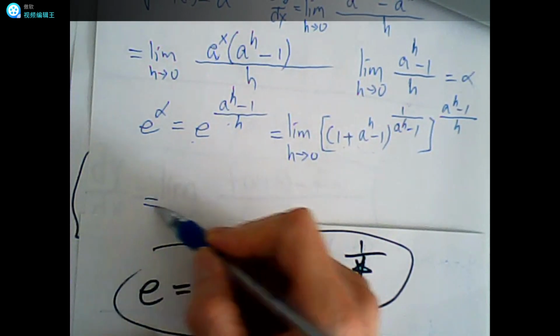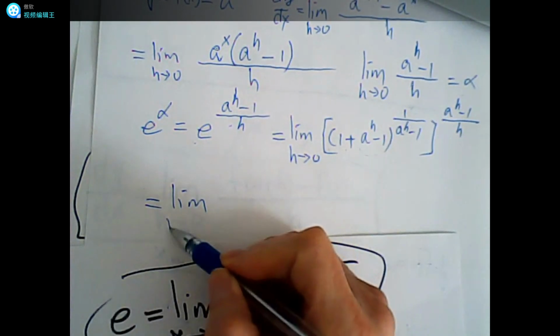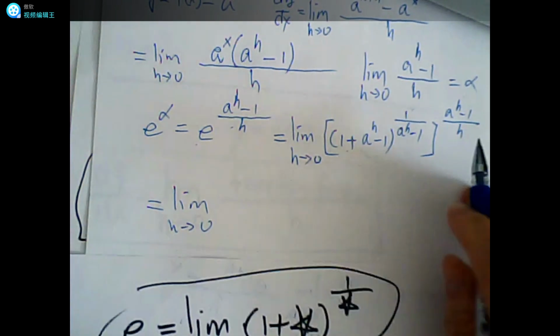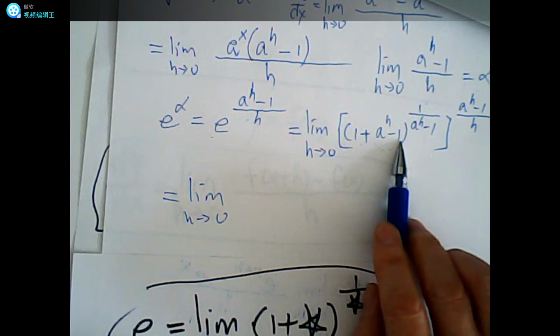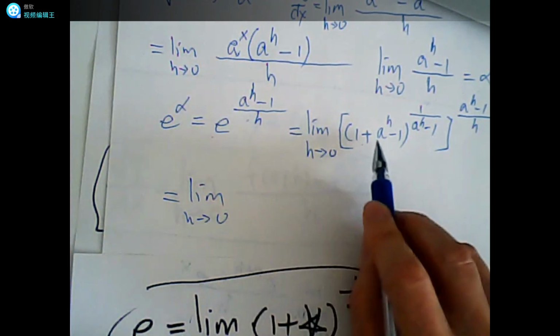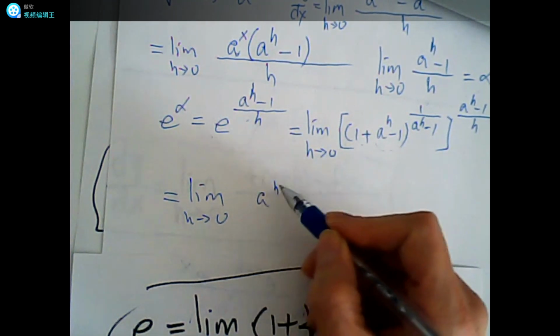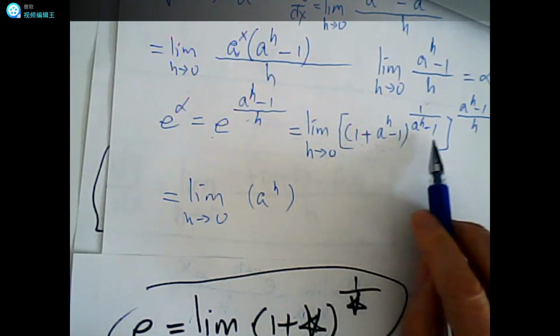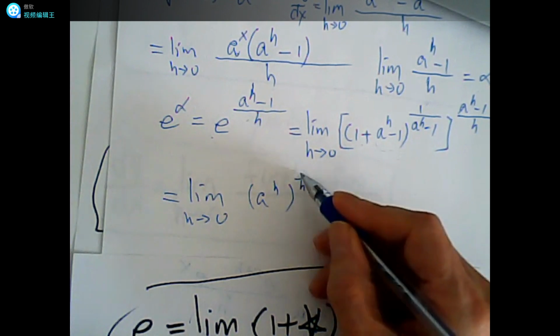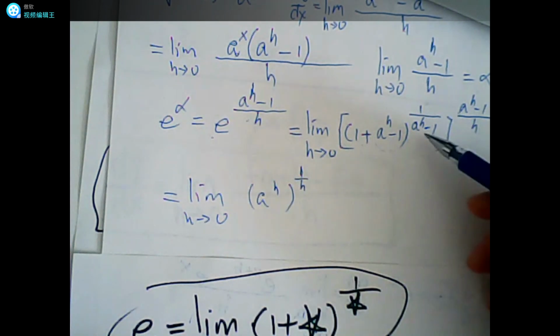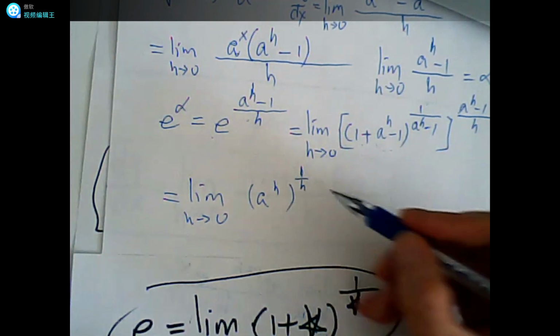So this one is equal to the limit h goes to 0. One cancels out. One cancels out. This is a to the h, power h. And this one cancels out with that, 1 over h. So this is equal to a.